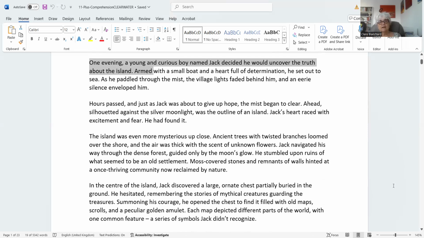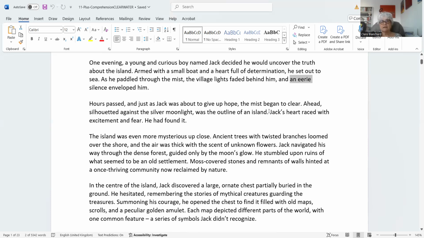So the first thing I would think about then would be the fact that the setting is at night and the use of mist. So the setting is mysterious. This is then emphasized by the use of adjectives such as eerie. So the use of the adjective again reinforces the idea that the atmosphere is mysterious and a bit sinister.